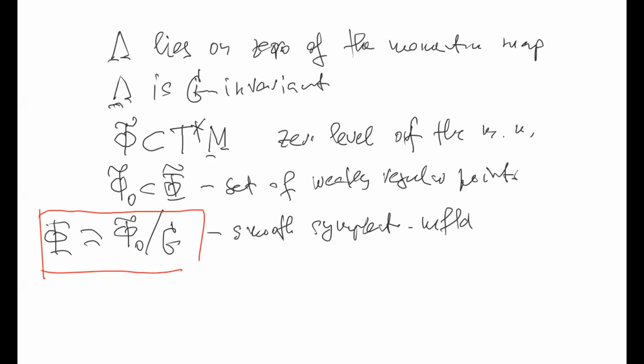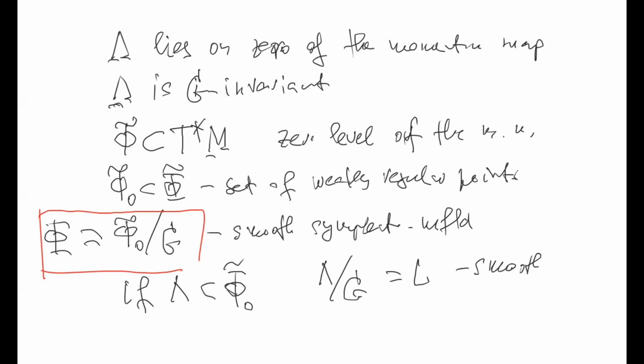Note that we have thrown away the irregular points. And if lambda is contained in phi tilde naught, then the space of orbits, denoted by L, is a smooth Lagrangian manifold in the space phi.